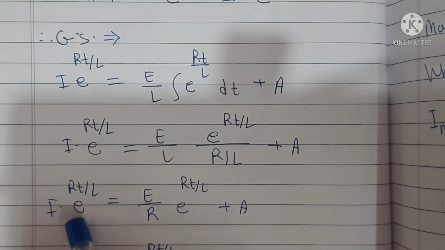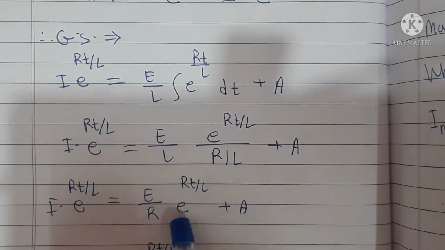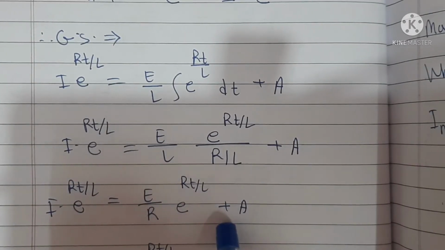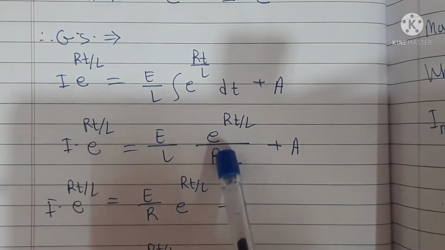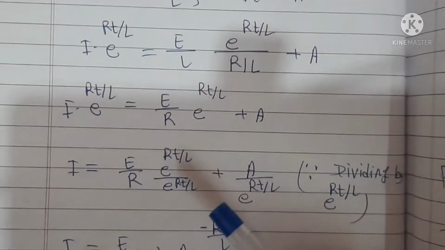Therefore I into e raised to Rt upon L is equal to E upon R e raised to Rt upon L plus A. After simplifying, L gets cancelled and therefore E upon R is there.